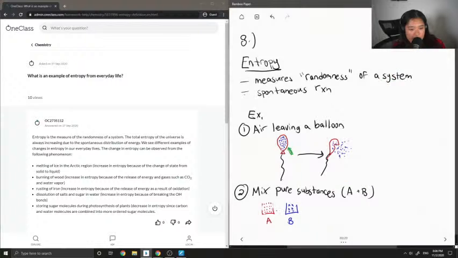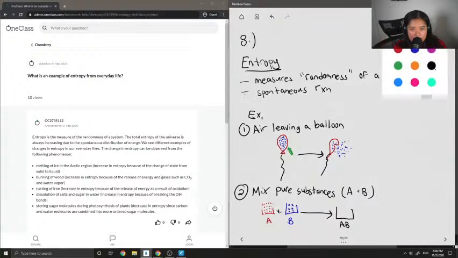If you were to mix them up, this is an increase in entropy since it increases the messiness of the system. Let me just draw it like that.